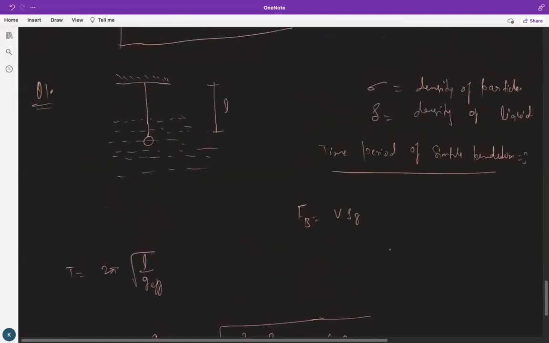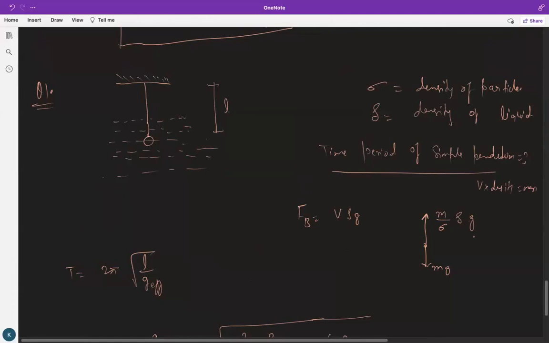The mg force acts vertically downward, and V rho G acts upward. Volume into density is mass, so the volume is m by sigma, and it is dipped in a fluid of density rho, so the force is m by sigma times rho times G.